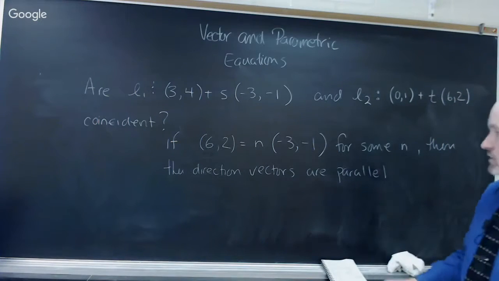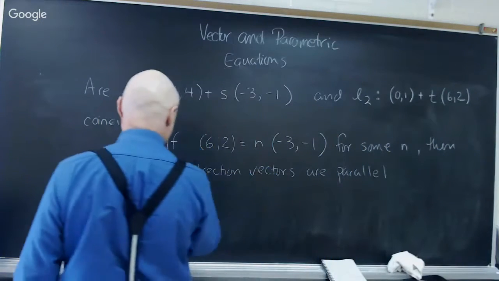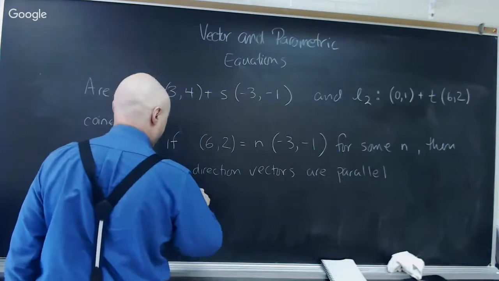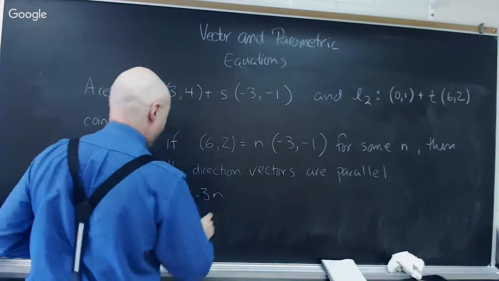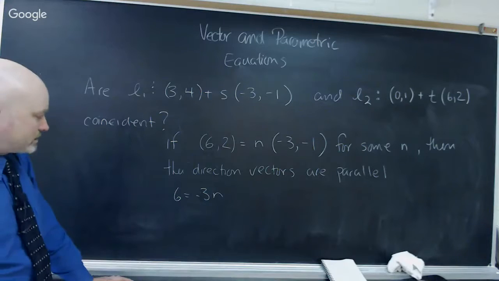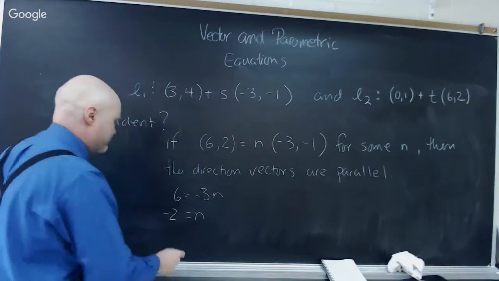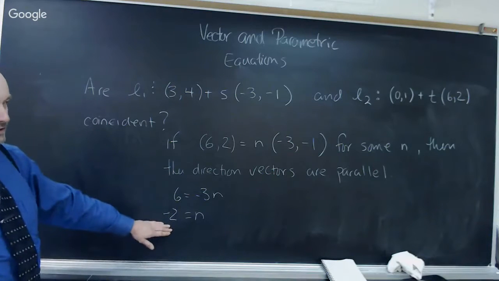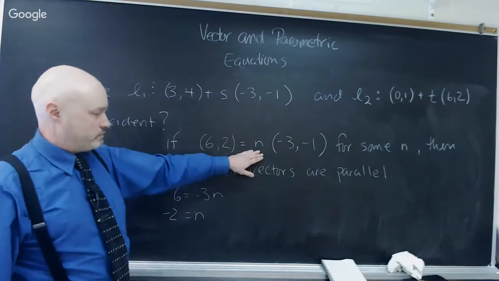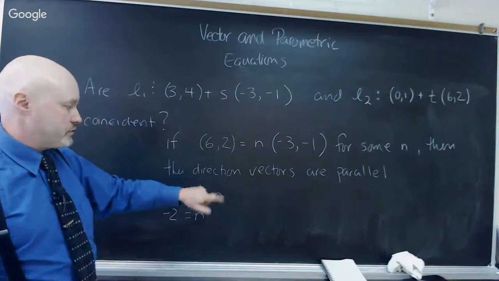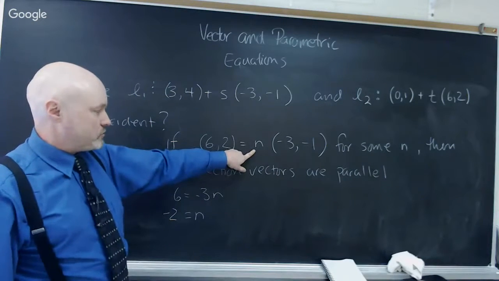So let's see if we can do this. Let's assume that they are. So 6 is equal to -3n, and so n is equal to -2. So for this to be true, n is equal to -2.